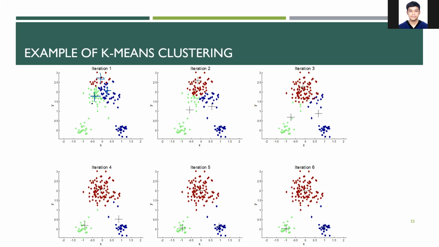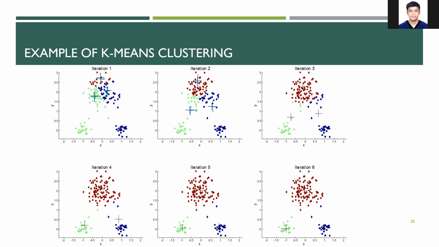Then after that we update the centroid, so the centroid will move. This is the second iteration, where the centroid moves. Of course, the centroid of each cluster will move to where most of the data points are located.